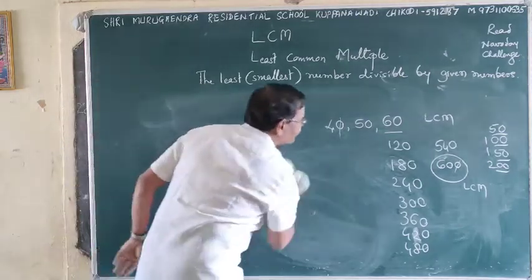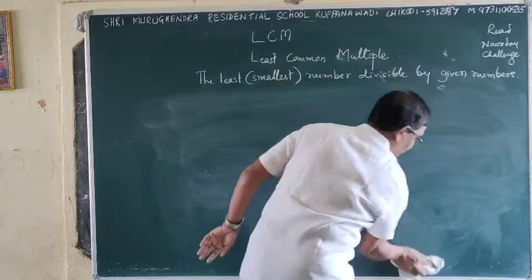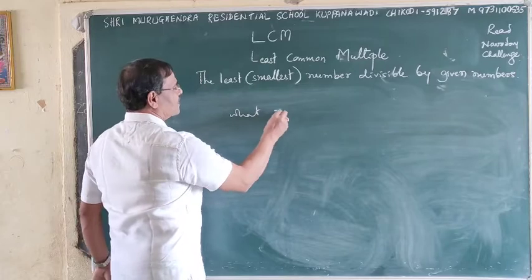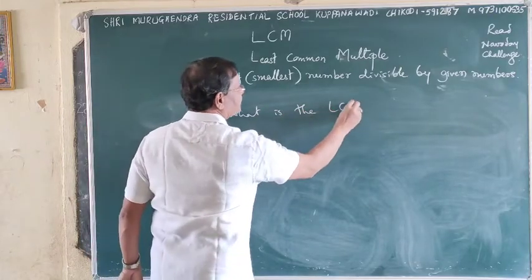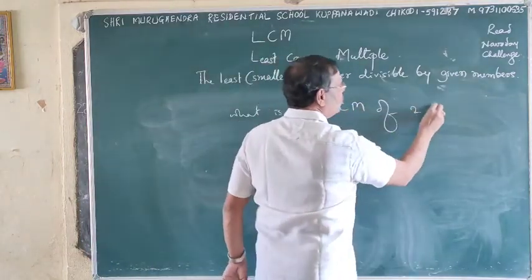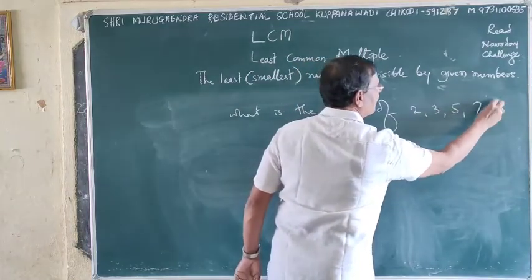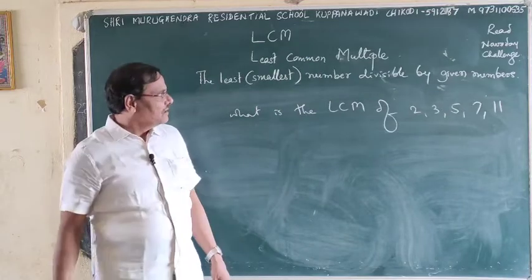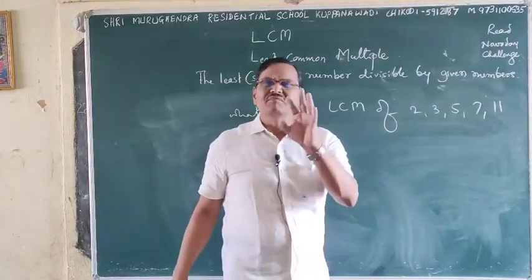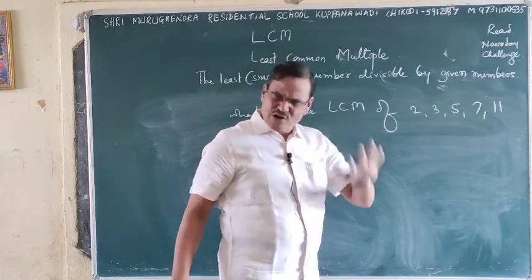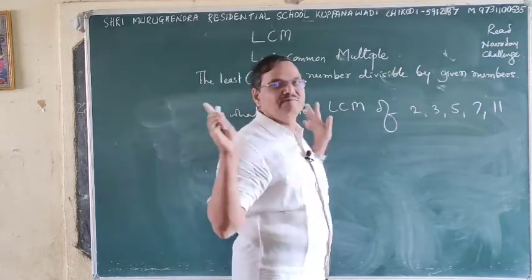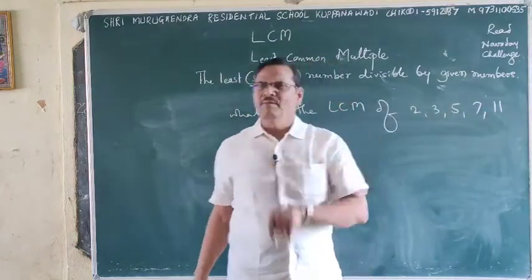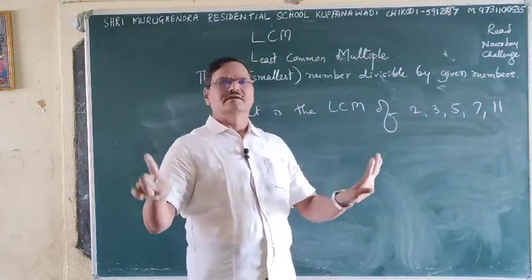And one more trick is there. What is the LCM of 2, 3, 5, 7, 11? Its product itself is the LCM, because if given numbers are prime numbers, then their product itself is the LCM.